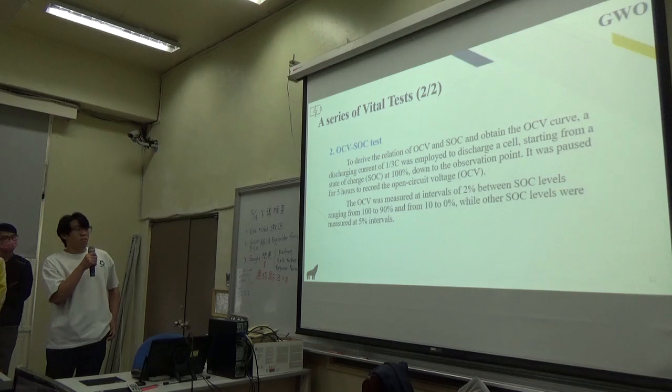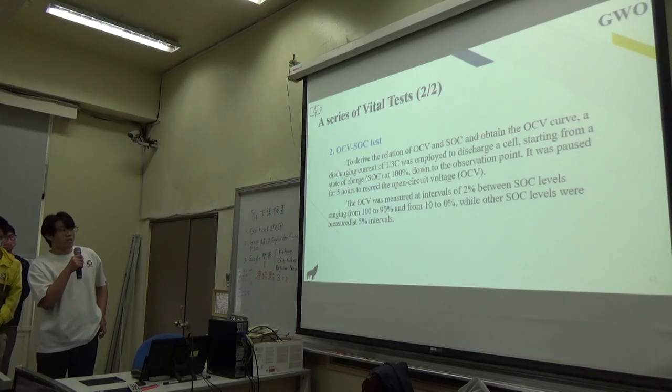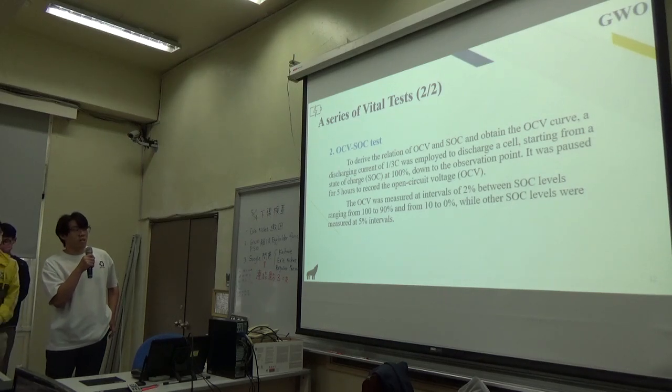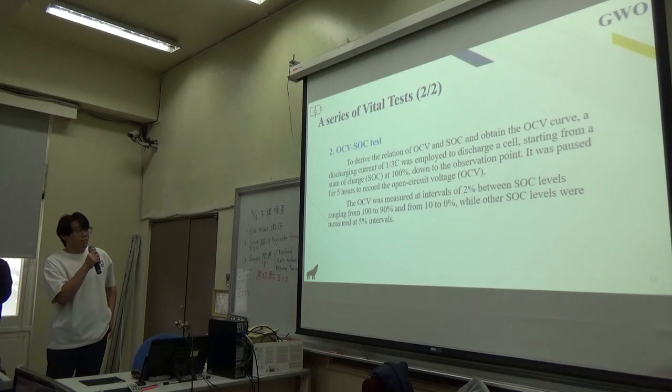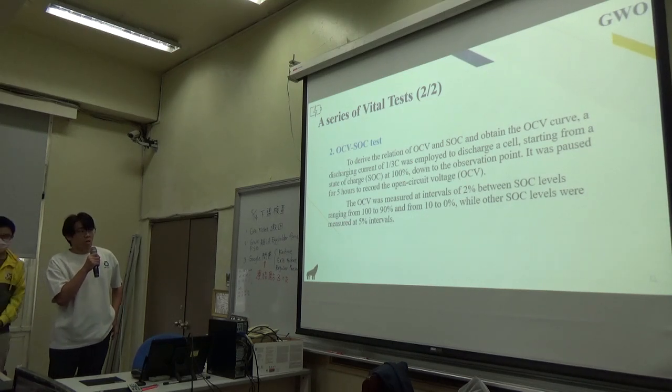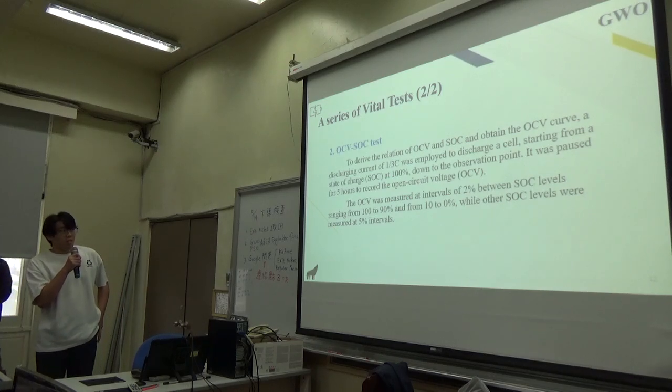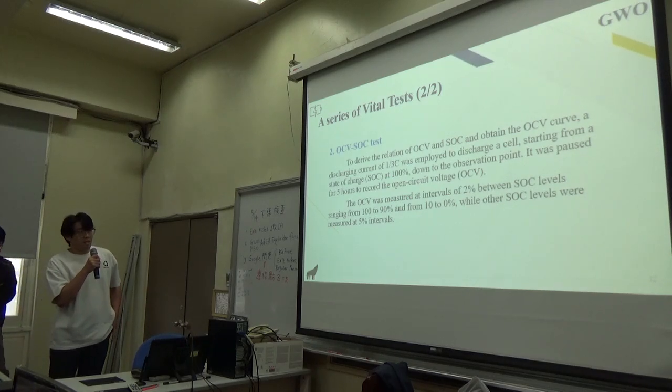The open circuit voltage was measured at intervals of 2% SOC from 100% to 90% and from 10% to 0%, while other SOC levels were measured at 5% intervals.